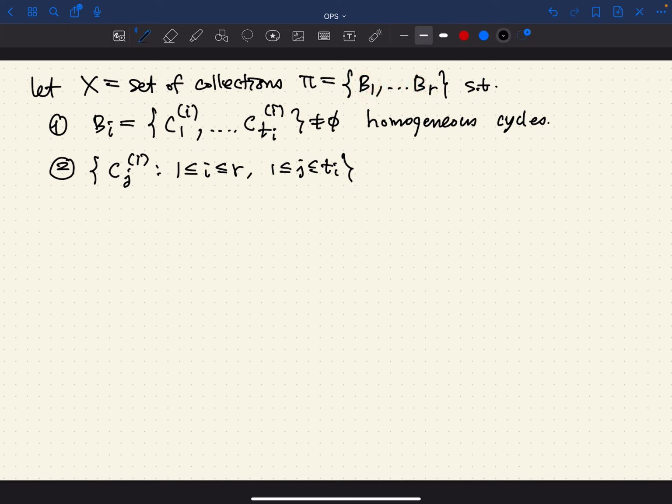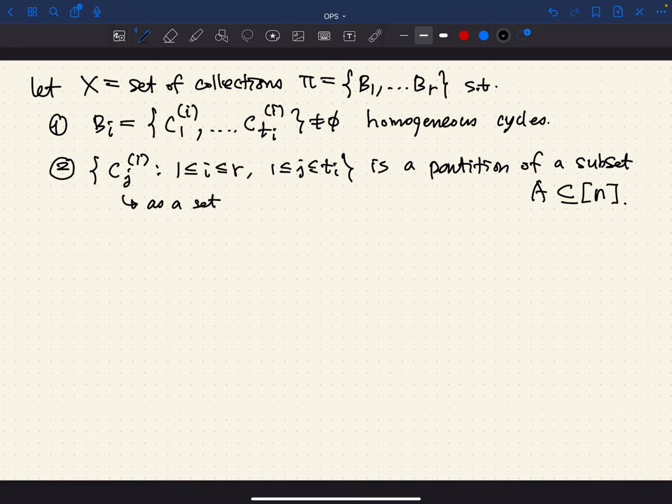And this is a partition of a subset, say A of n, because here we don't collect all the numbers. Some things are missing, and the missing parts are exactly those non-decorated cycles. So as a set. And third, no, that's it.